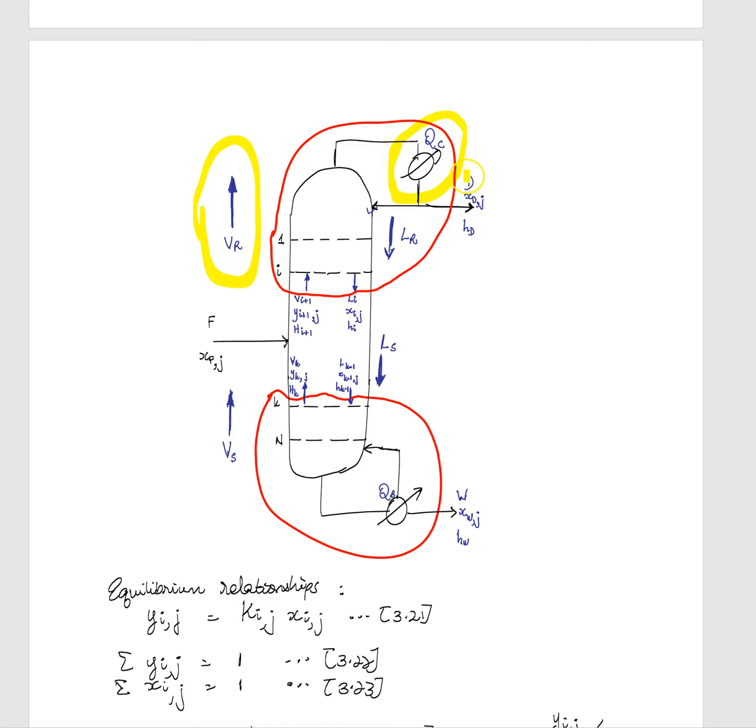We take off our distillate D, having a composition XD for a particular component J, and which also carries some enthalpy HD. What is refluxed back into the column is denoted by our flow rate LR, our liquid flow rate in the rectifying section. Here we have our feed into the column with its composition.